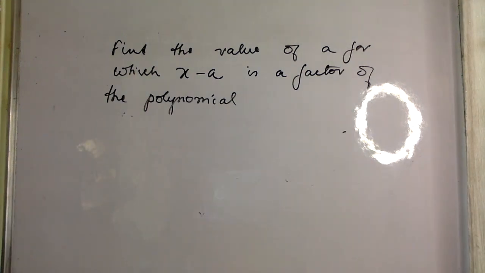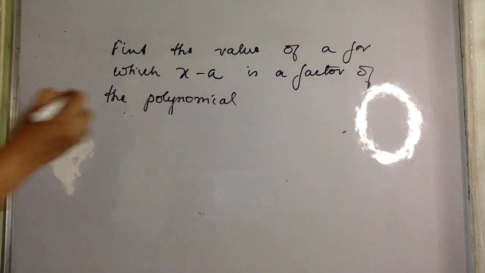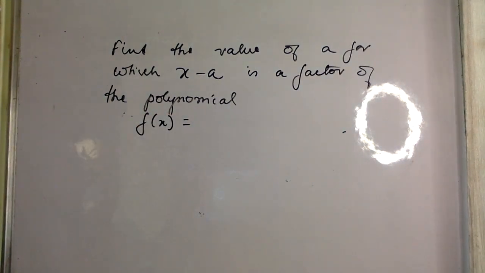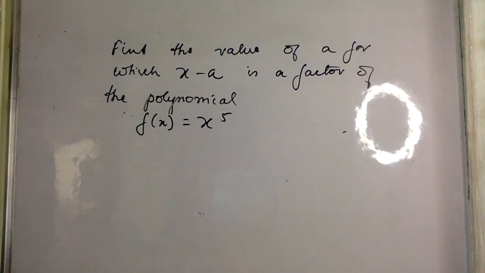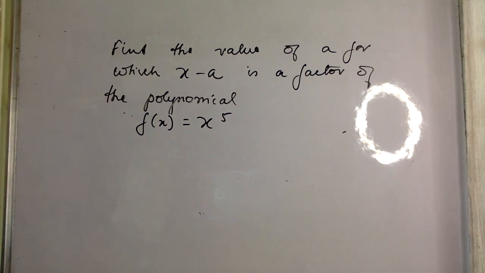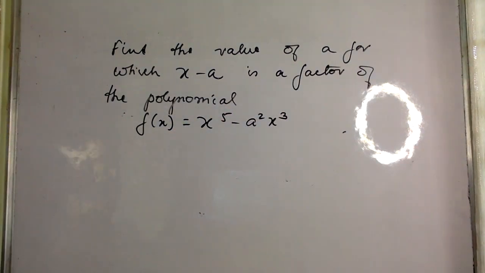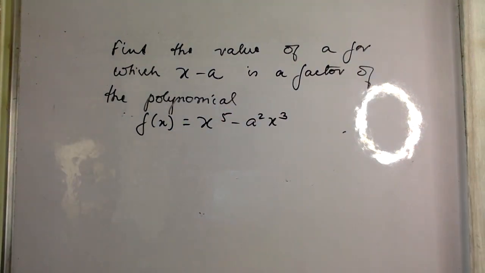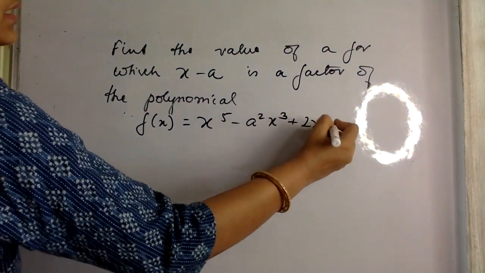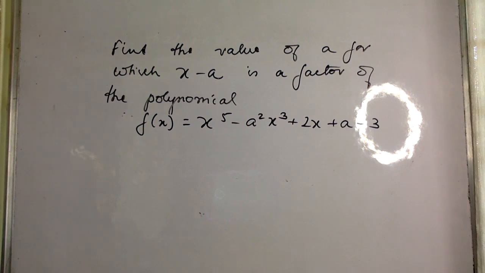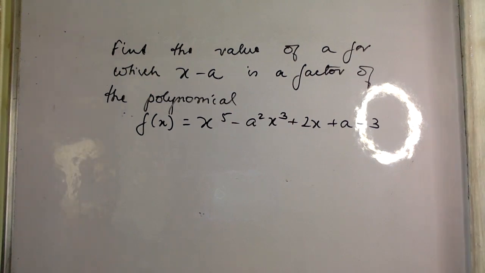So what is my polynomial? My polynomial is f(x) is equal to x to the power 5 minus a square x cube plus 2x plus a minus 3. Okay, so this is my given polynomial.